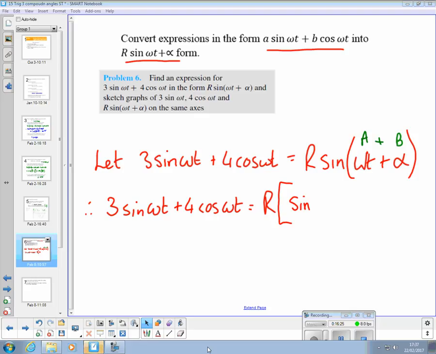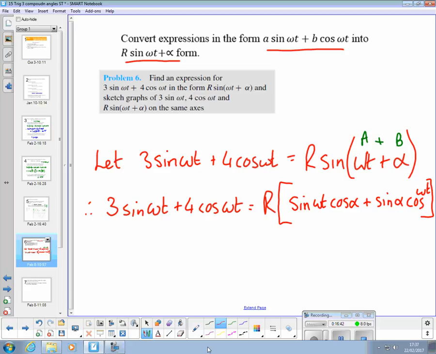So that is sine omega t cos alpha plus sine alpha cos omega t. Close the brackets. And we're still multiplying.